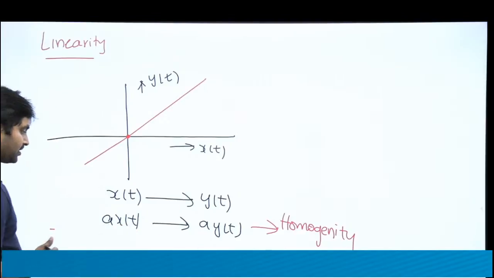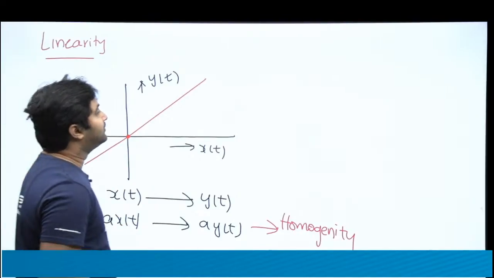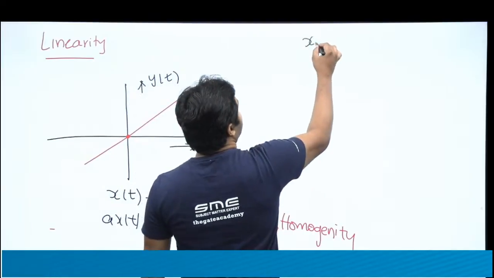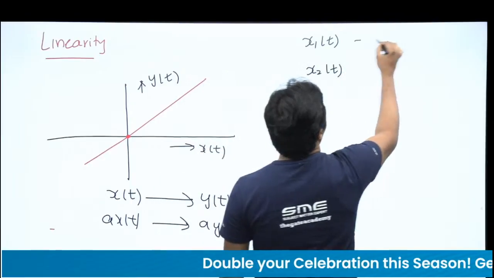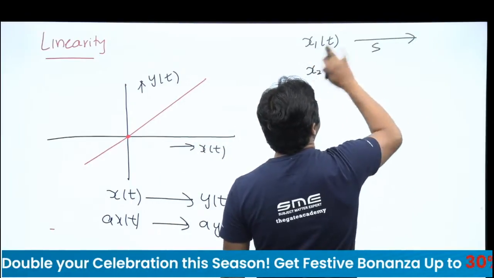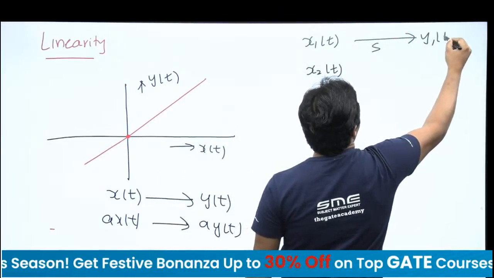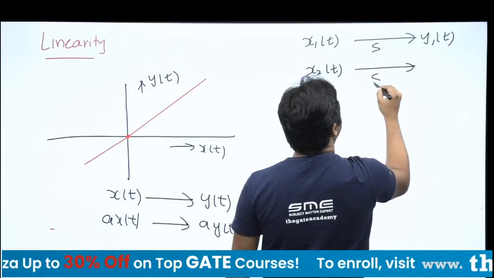Next, if I have two inputs, x1 of t and x2 of t applied to the same system. Here you are getting y1 of t. Here you are getting y2 of t.